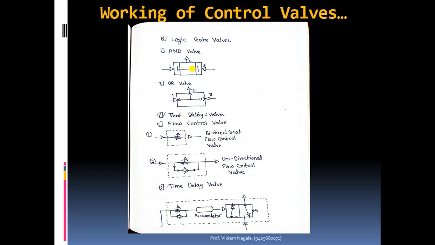Similarly, if air is absent at port 1 and air is present at port 3, then also it will not send the air at port 2. So that is the condition. If both the ports are having active input, then only it will send the air at port number 2.